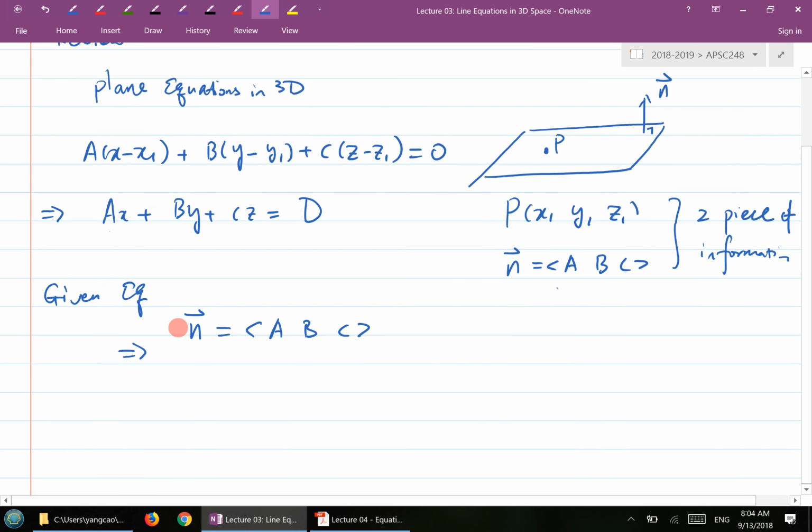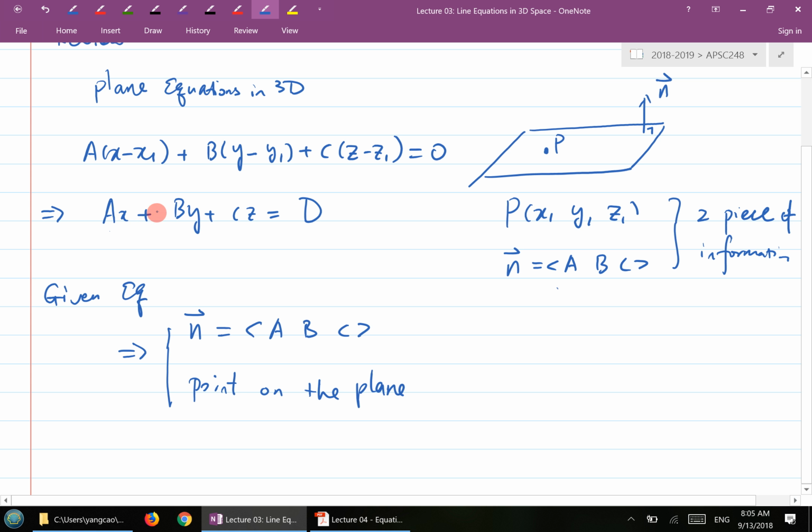And you can also derive points on the plane. We exercised this in the previous lecture. If I have a plane equation, how do I get a point on the plane? There are an infinite number of points on the plane, and this is completely up to you. You can use a simple way of setting x, y to be 0 and solving for z, or set y, z to be 0 and solve for x.